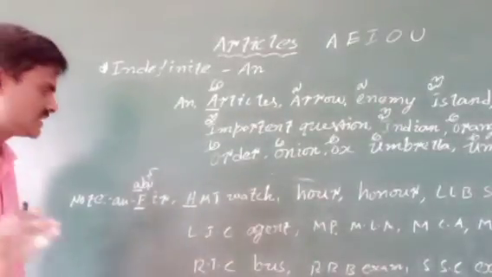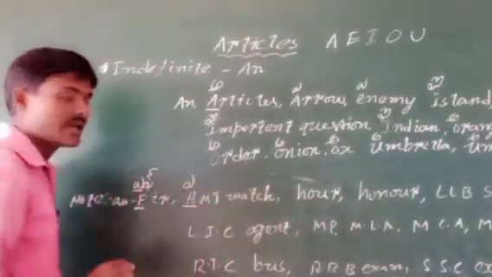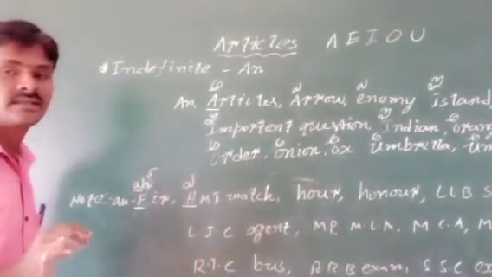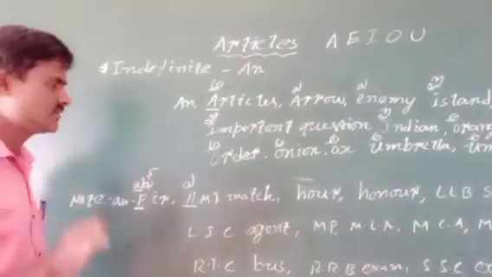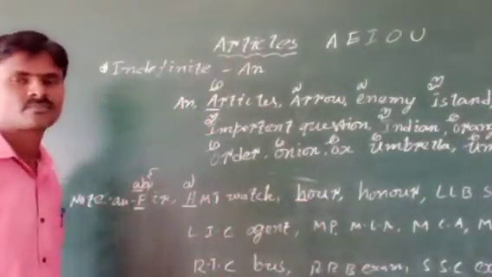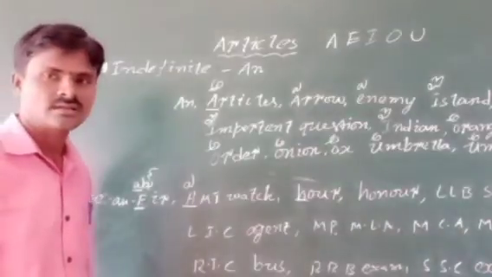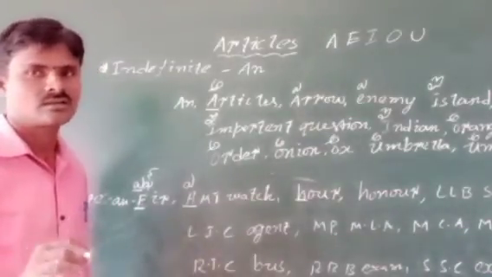Next, H also comes under consonants. You have to use here "an": an HMT watch. You are pronouncing it as "aitch"... here H is silent, so "an" hour you have to use.